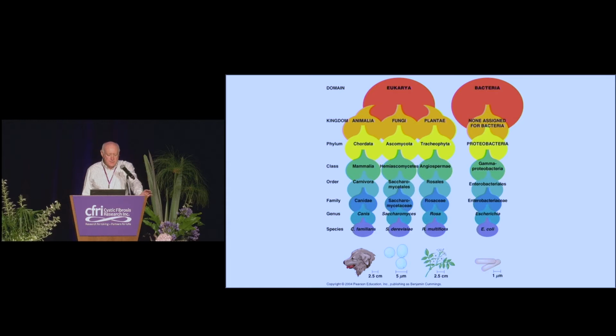So we have the eukaryotic portions of life, the animals, the plants, and the fungi as their separate kingdom. And bacteria, not shown on this slide, and viruses, which are simply the genetic material with a sort of protein sheath around them. But starting with bacteria, you have cells that have different functions or metabolic processes within them.